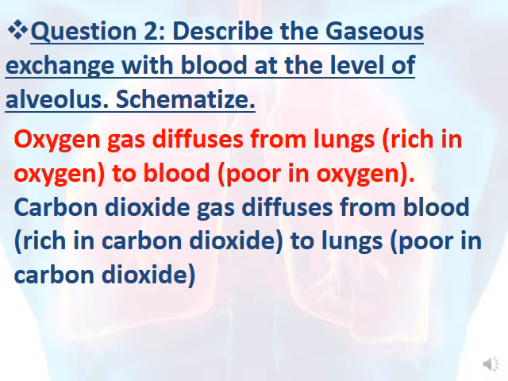So here the oxygen gas diffuses from a medium of high concentration of oxygen, which is the lungs, to the medium of low concentration of oxygen, which is blood. Whereas carbon dioxide gas diffuses from the medium that's rich in carbon dioxide, which is the blood, to the medium that is poor in carbon dioxide, the lungs.